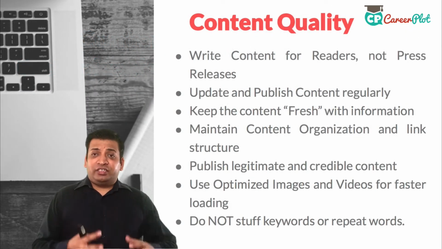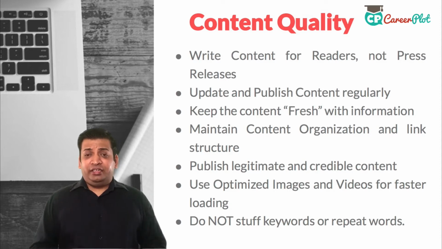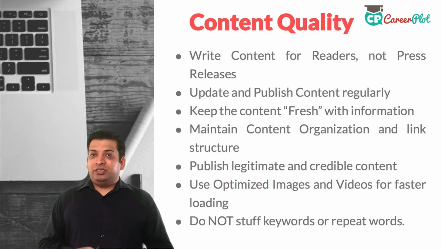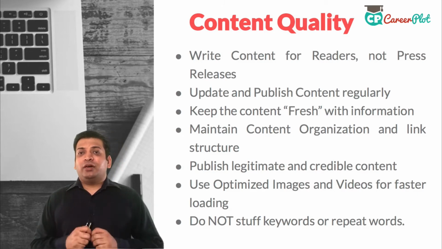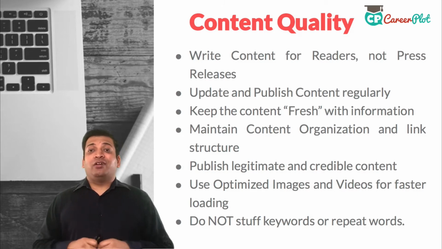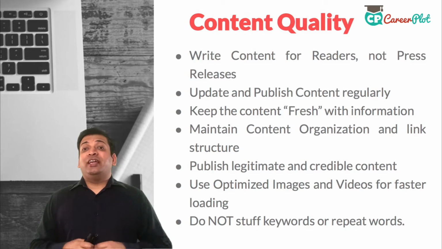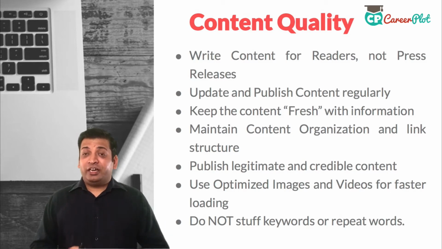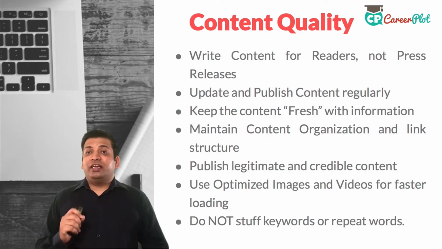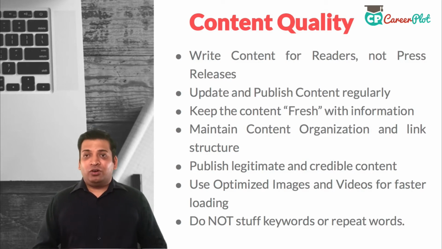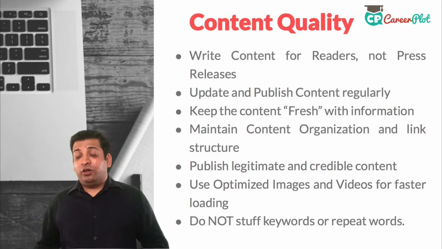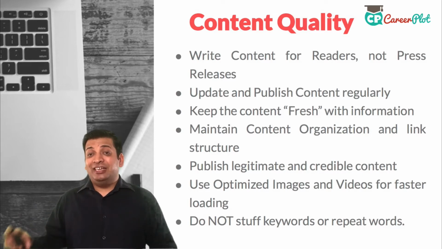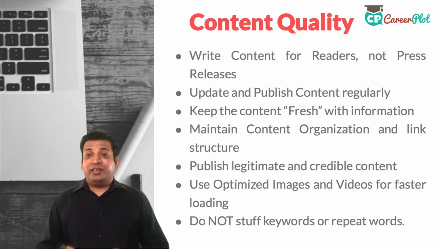Once you have done the content structure and content hierarchy, then you look at content quality. Now, content quality is a very subjective word. As a digital marketing professional, you will be writing a lot of articles. You will be writing a lot of content yourself, because marketing professionals are supposed to write content. So make sure that you're writing content for readers, not for press releases, because press releases are structured in a bad way.